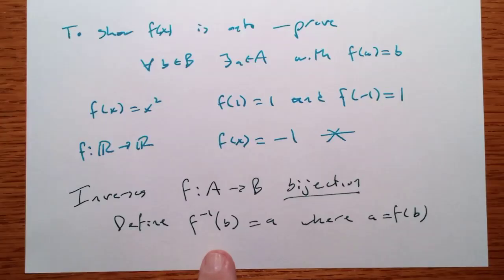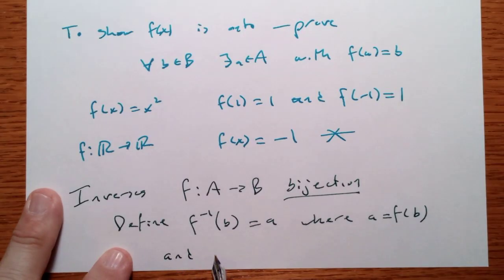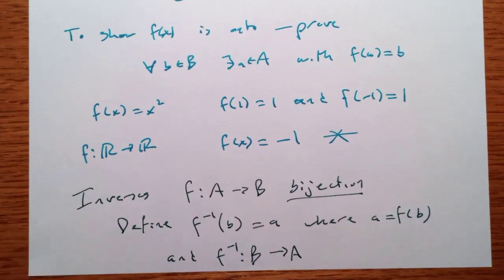The only way you can have an inverse function is to turn the arrows around. If you're going to turn the arrows around, first of all, you have to have all the arrows. And that means you need to be onto.